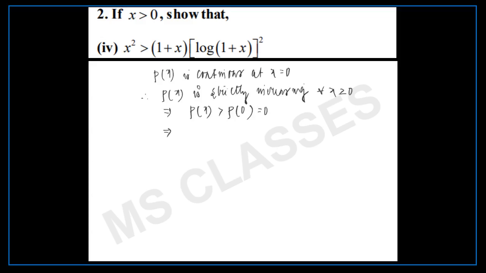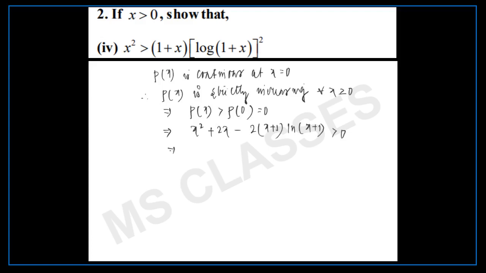And this implies the p(x) which we had, that is x squared plus 2x minus 2 into x plus 1 into ln x plus 1, is greater than 0.